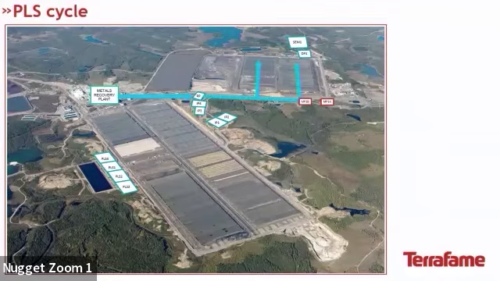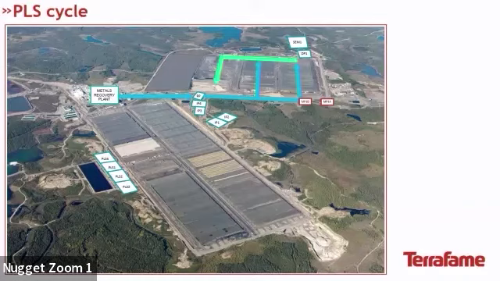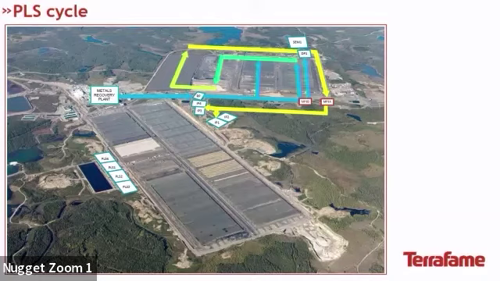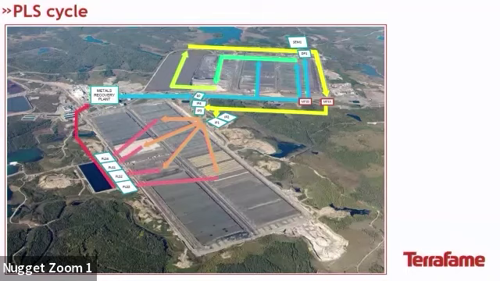In secondary we have 4 heaps and the circulation is trying to build up the solution concentrations as much as possible. So circulating in the secondary, then pumped to primary irrigation through the heaps to PLS ponds and then fed to the metals recovery plant.